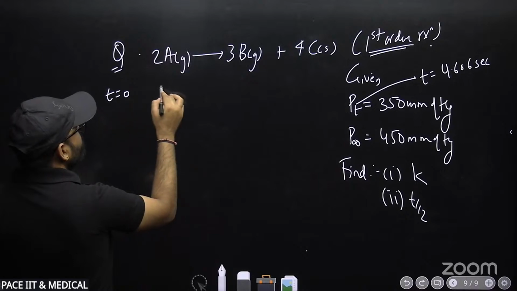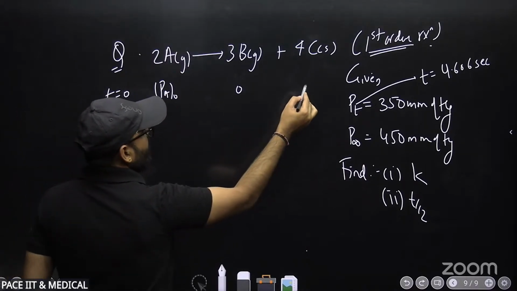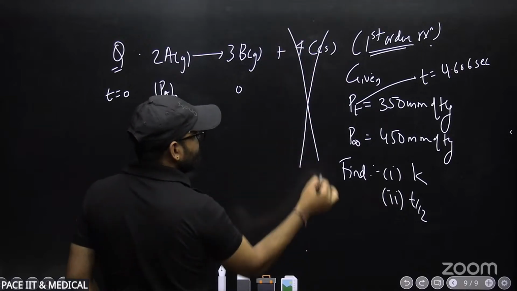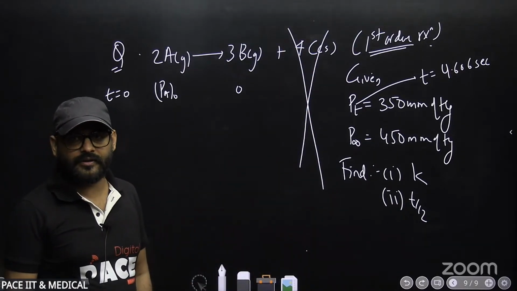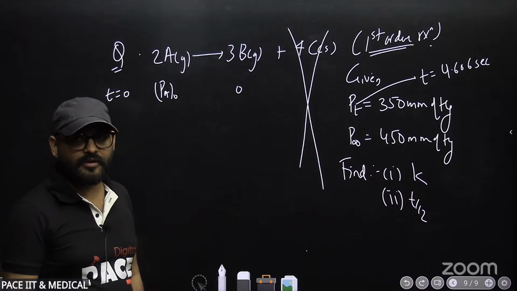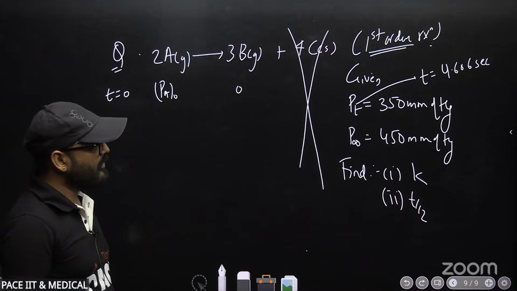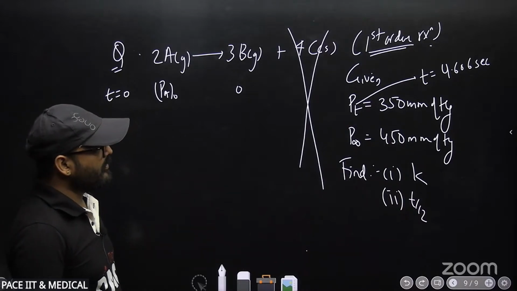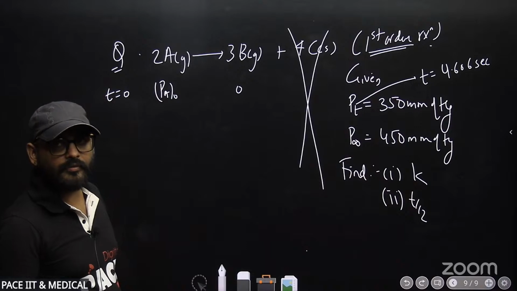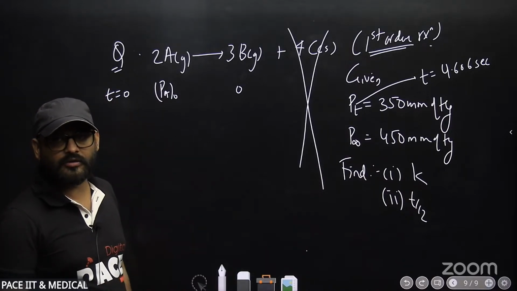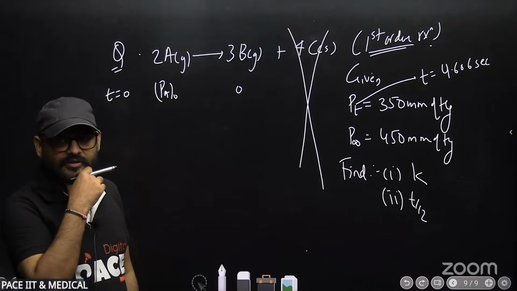At T equals 0, this is PA naught. This is 0. I don't have to consider this. C, I don't have to consider because C is solid, so I don't have to consider its pressure. Vedika, no, it's wrong. Isan, it's wrong.